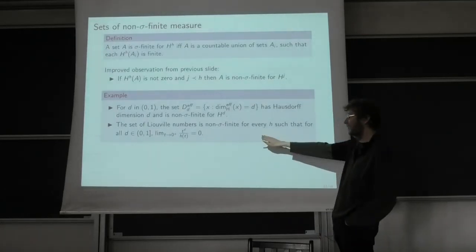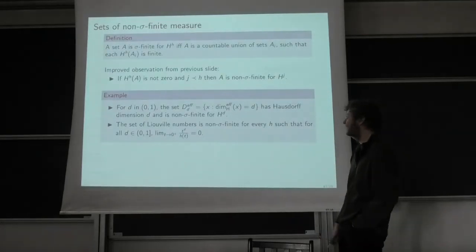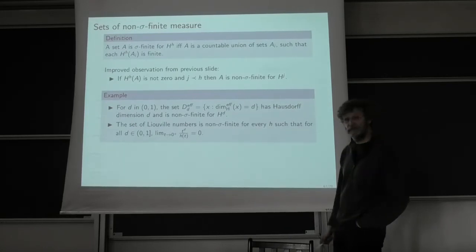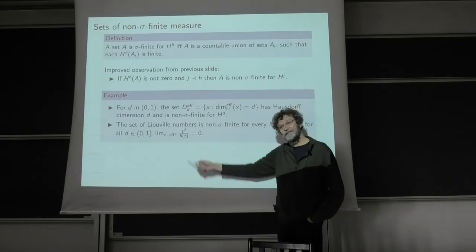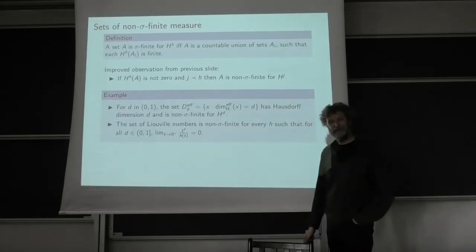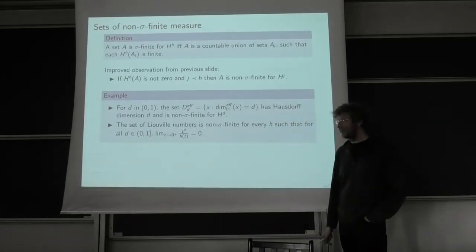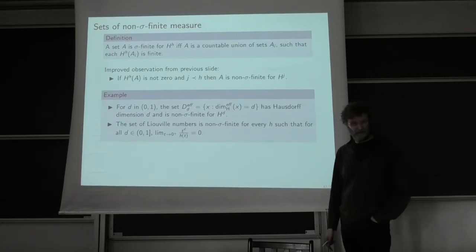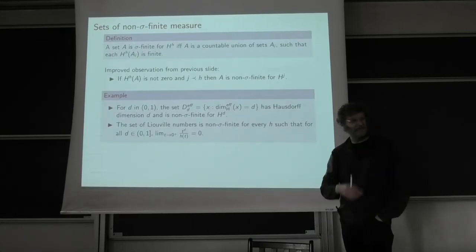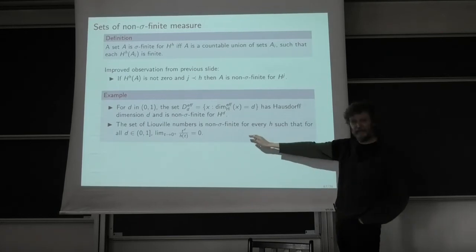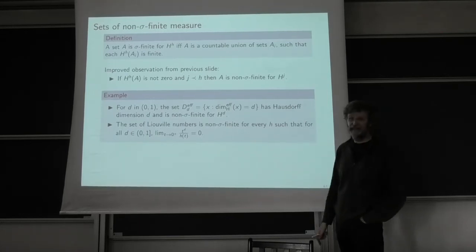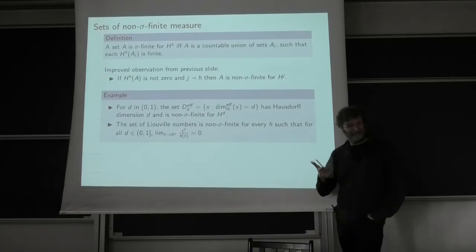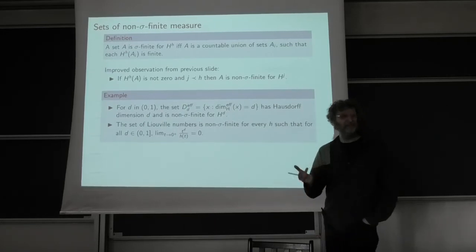The set of Liouville numbers is not sigma finite for every h such that h goes to 0 faster than any power function. So if I take an h that goes to 0 faster than any power, then the set of Liouville numbers is not sigma finite for that h.